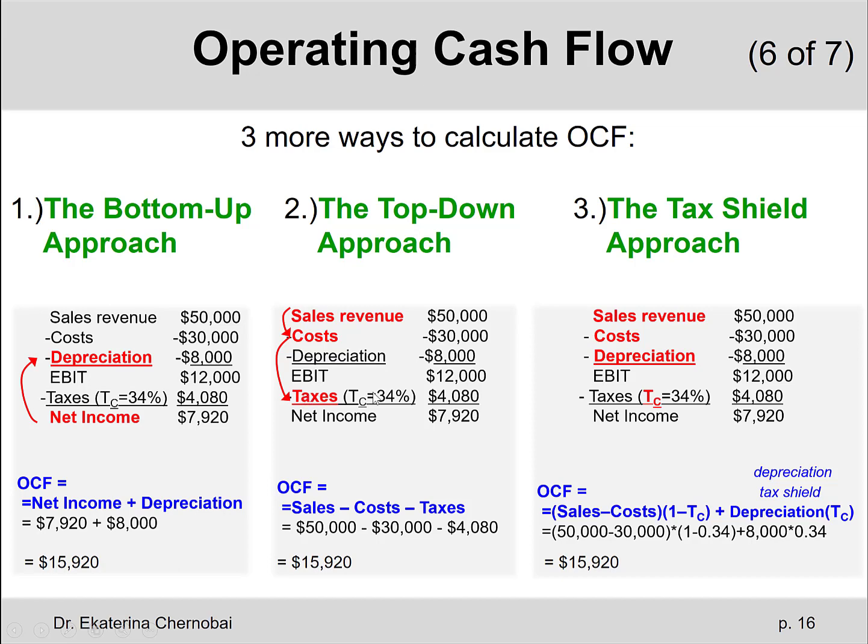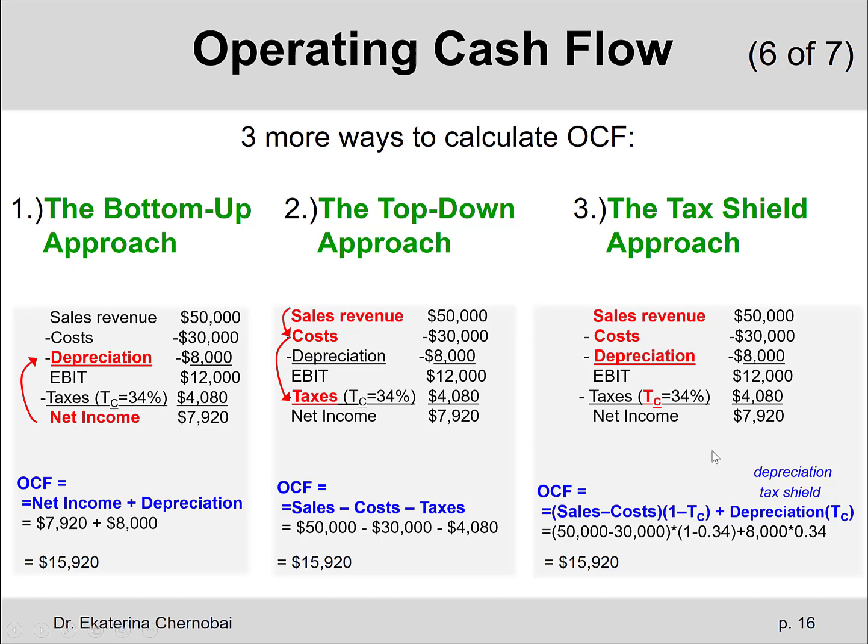And then after this kind of discussion, the class sort of agrees with me that the tax shield approach seems to be the easiest one to use. Or at least there are no preliminary calculations you need to do first. Because typically the sales revenue is given, the production costs are given, and the depreciation is given.